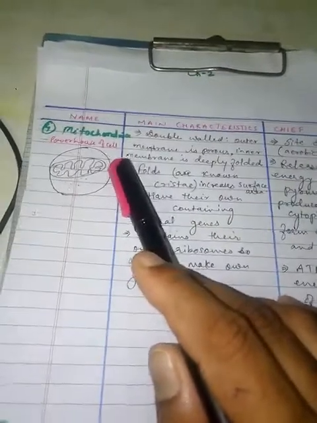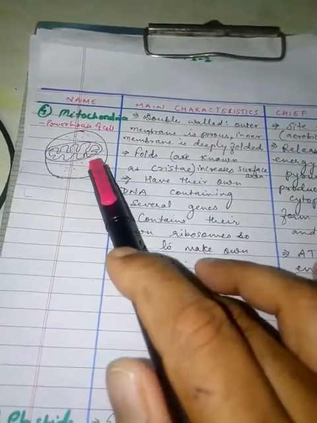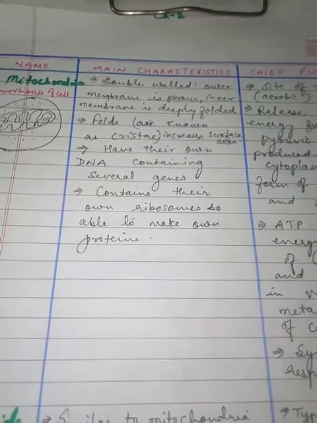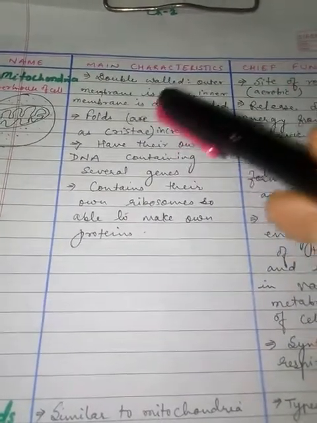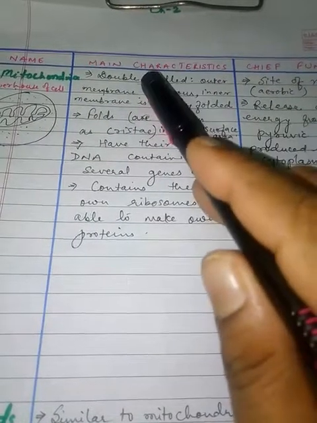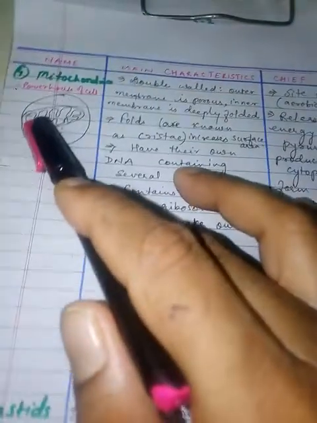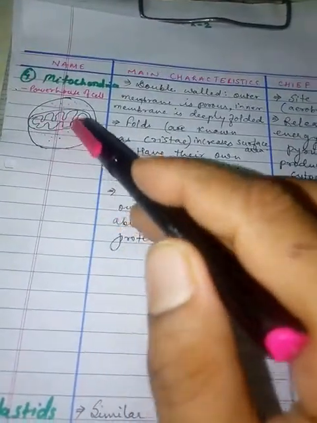Next comes the mitochondria. Mitochondria is also called the powerhouse of the cell, and we have already read a lot about it. Mitochondria is a double-walled structure. The outer membrane is porous in nature, and the inner membrane is deeply folded. Can you see these projections?